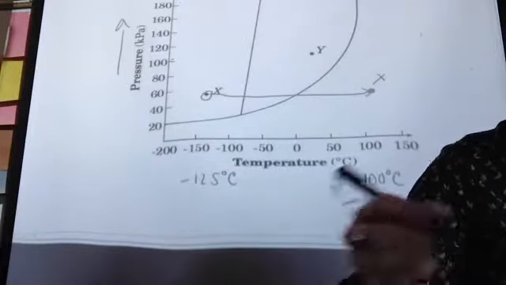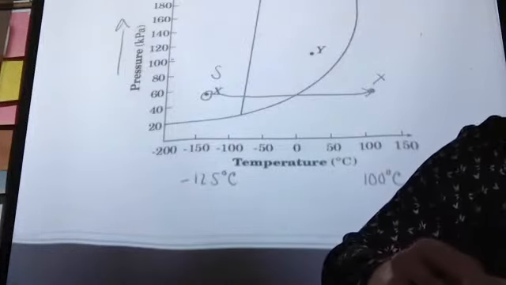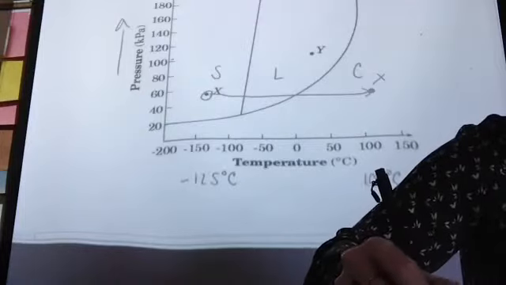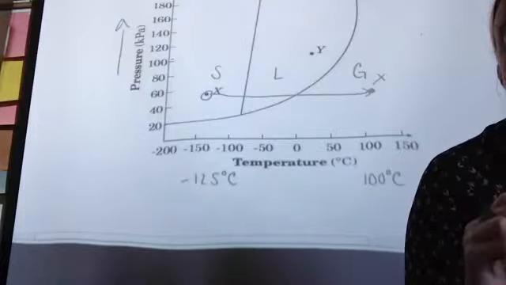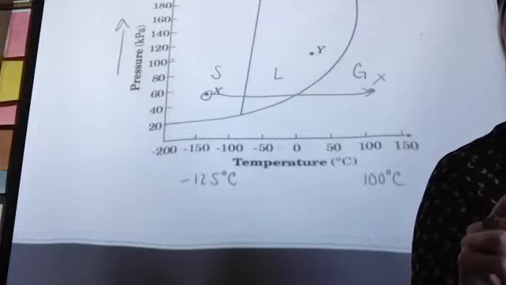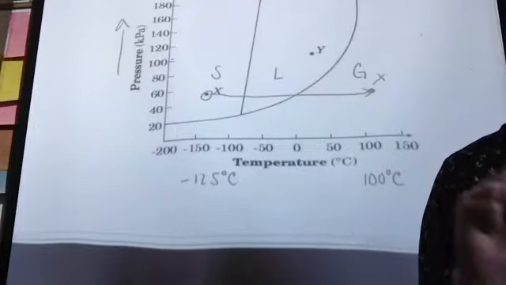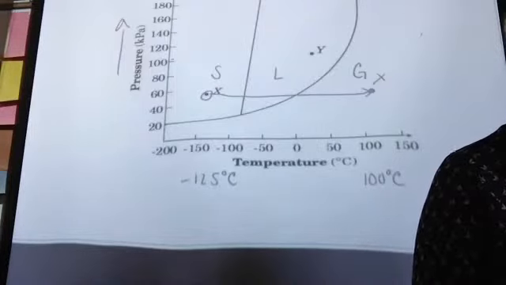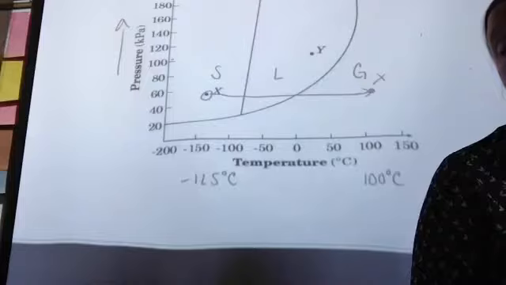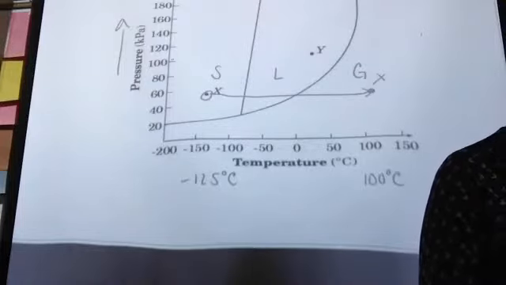That means that it goes from a solid through the liquid phase to the gas phase. It's important that you're able to understand what effect changing pressure and temperature has on the state of matter, and that you're able to read the graph and take each point through the transition phases.